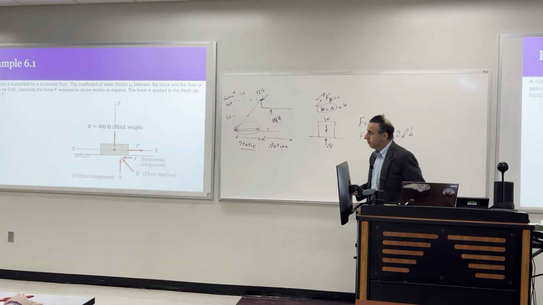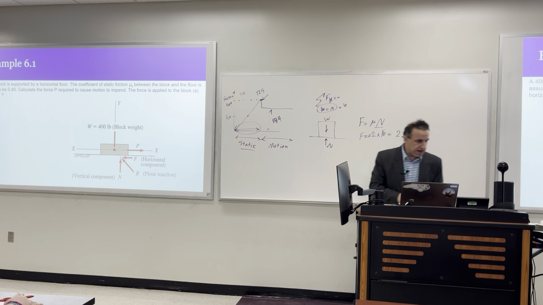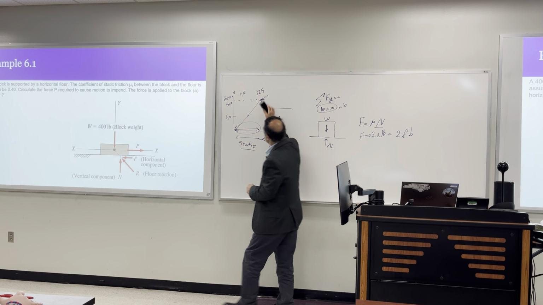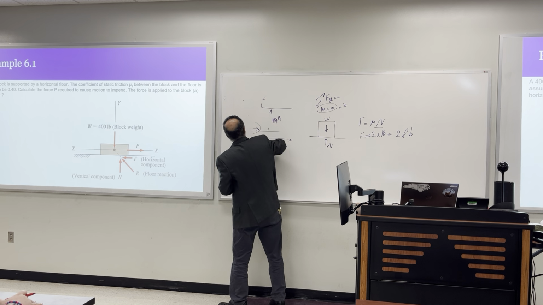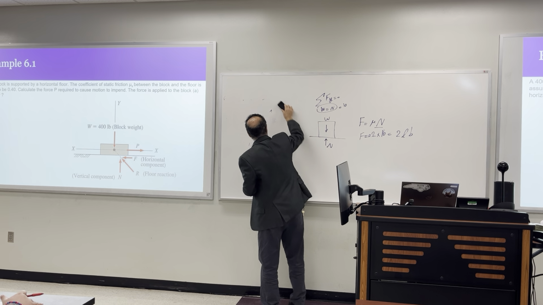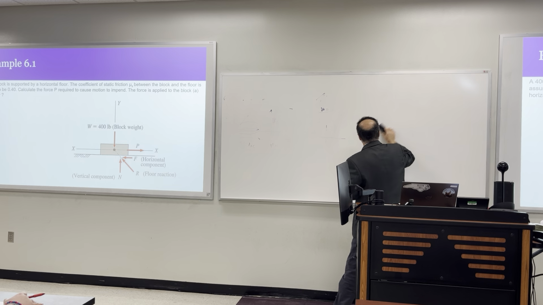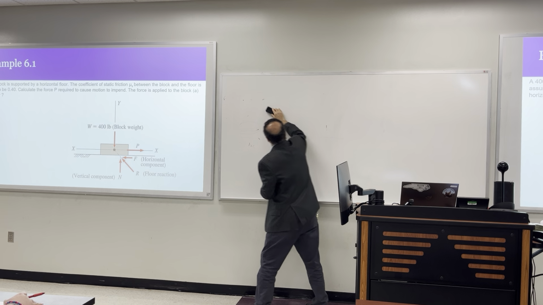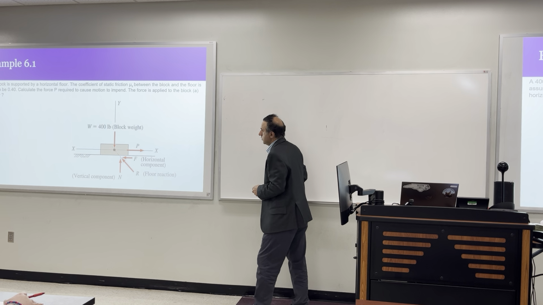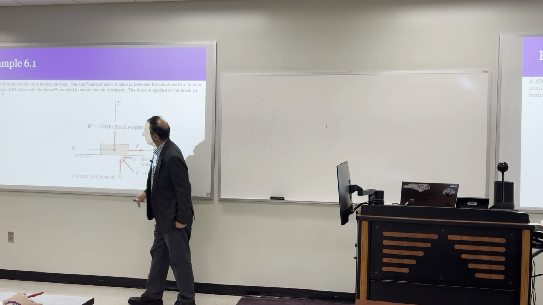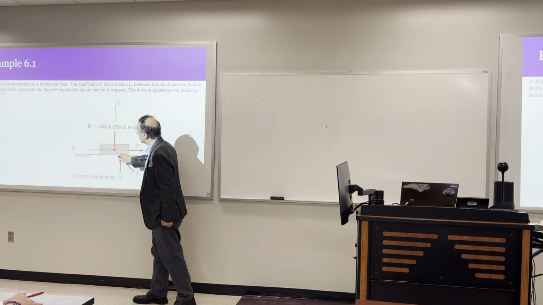So we had this problem, and we're going to solve the first part again because we had some miscalculation in the second part. What does it say? We have a 400 pound block supported by a horizontal floor.